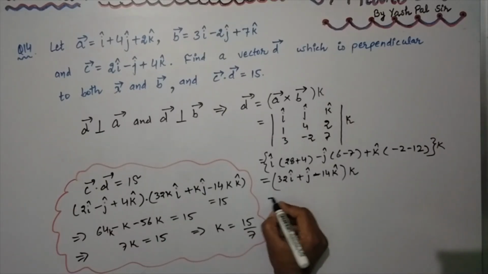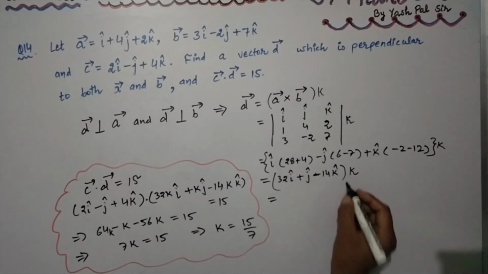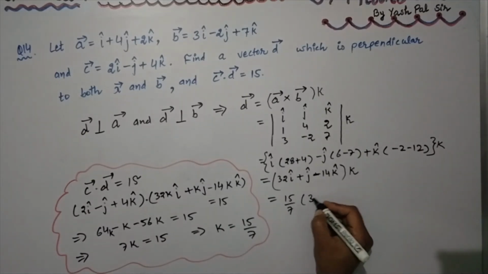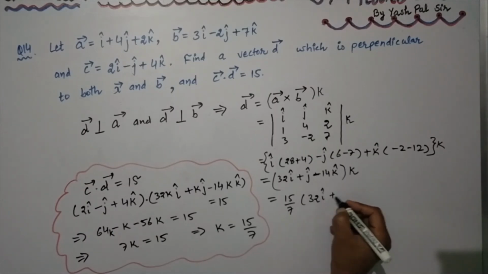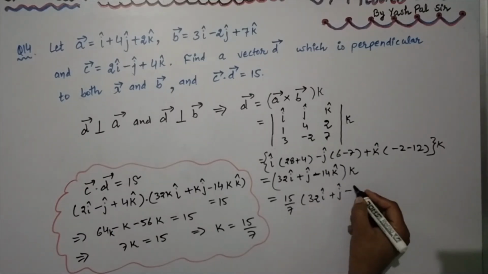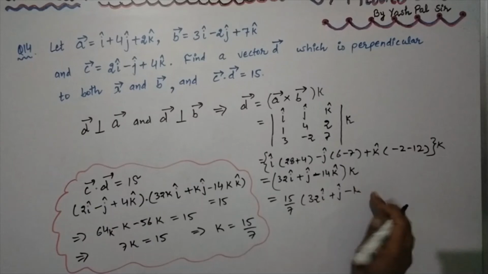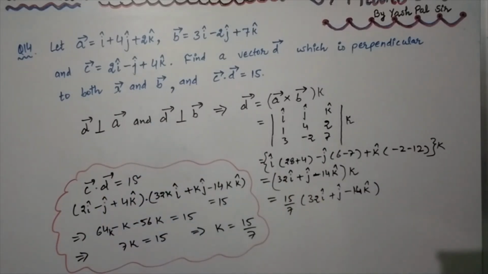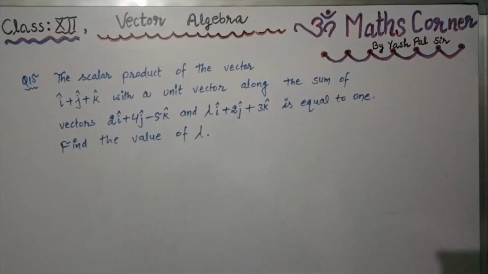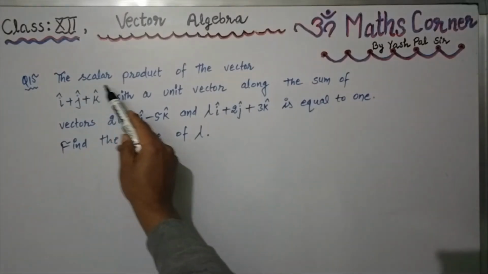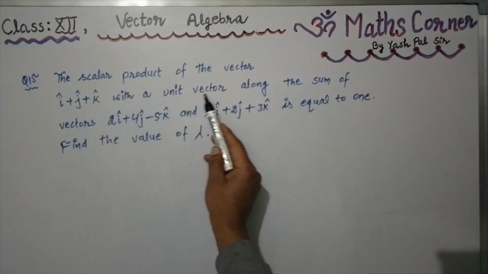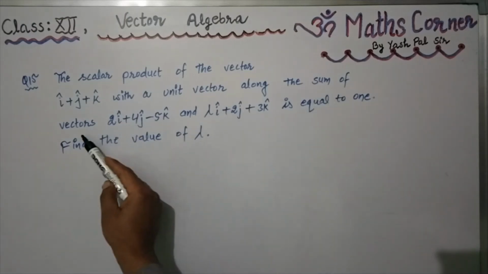That is, the value of k is 15 upon 7. The value of k is inserted here. We have now 15 upon 7 into 32i plus j minus 14k is the required vector D.